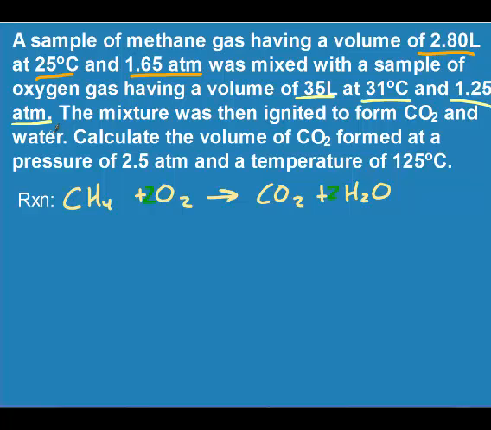So the first thing I have to do is figure out which one is limiting. To do so, I'm going to use PVnRT and solve for moles. Because I have a reaction, the only way to convert from methane to CO2 to calculate my volume, or to convert my oxygen to CO2 is to get it in moles of the substance I'm starting with. So step 1 is convert to moles.